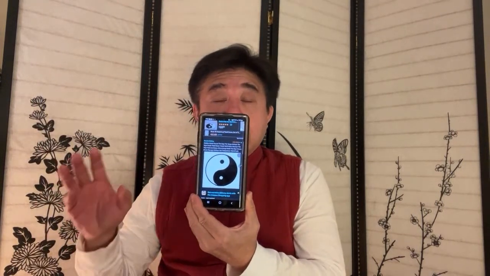So let's talk about just a simple idea. When we do our Tai Chi form, when we initiate the movement, let's say I tell you, bend your knees and then raise your hand. This is our typical Wu Tai Chi.